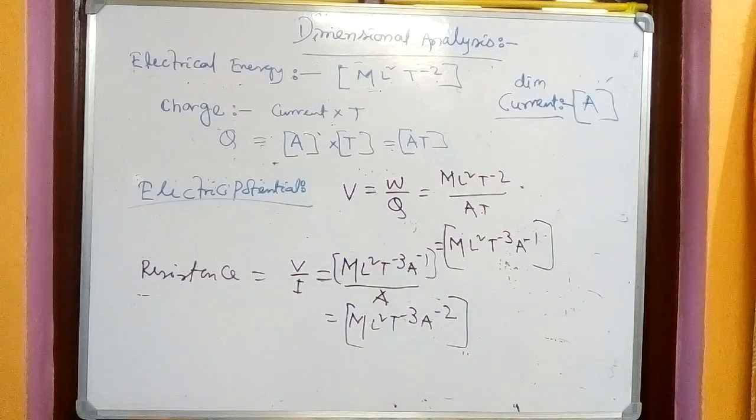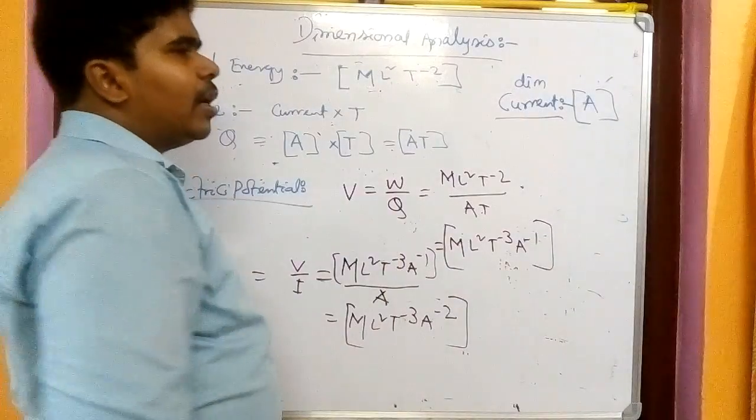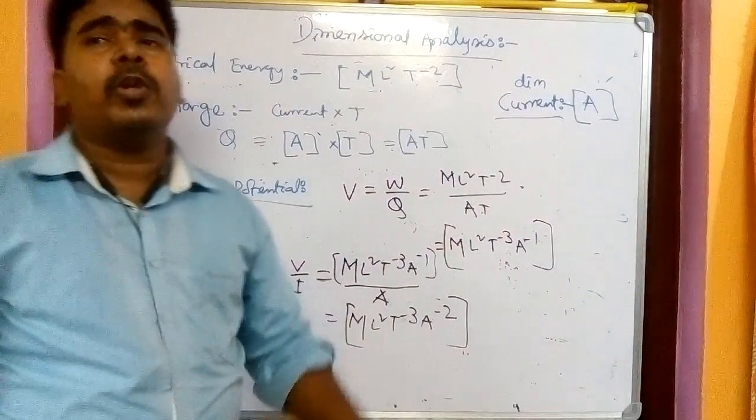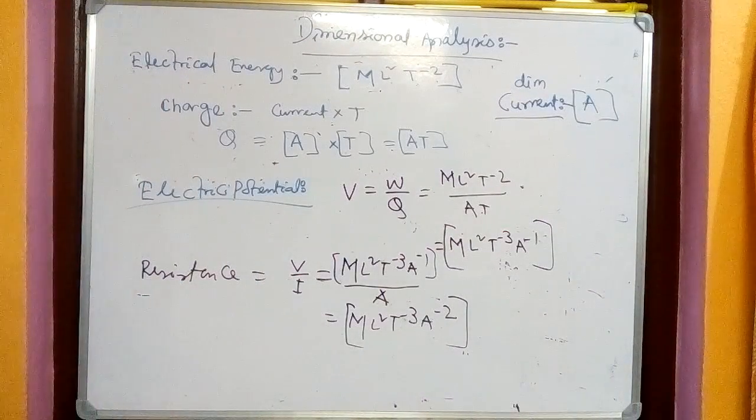From the start you may be thinking why he is doing this. We know the unit, we know the physical quantity. What is the use of learning this dimensional analysis? What will happen if I find the dimensional analysis of power or force or electrical resistance? What extra help can we get from it? Whatever we do, there should be some logic.